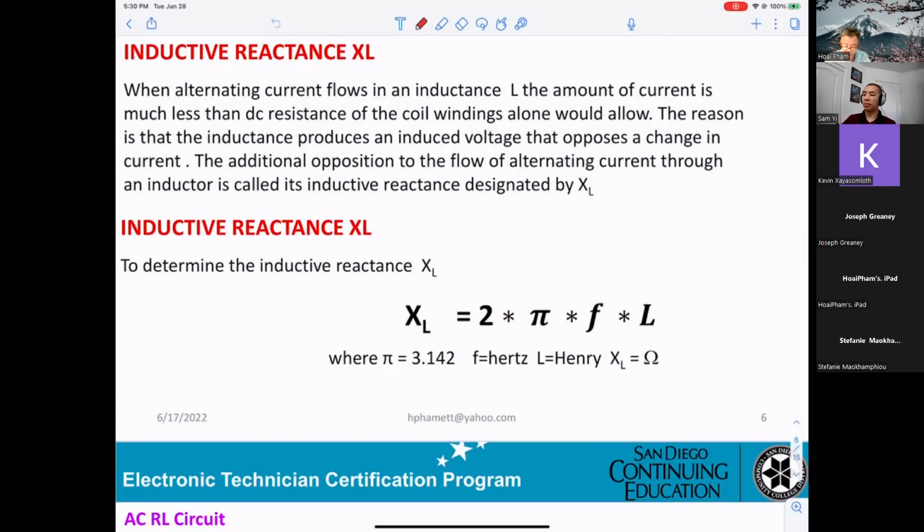We calculate it by the formula XL equals 2 pi F L. In this formula, F has to be in Hertz, L has to be in Henry, and XL will be in Ohm.